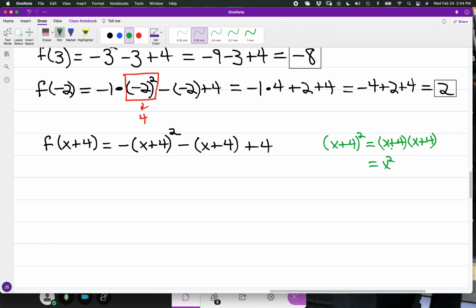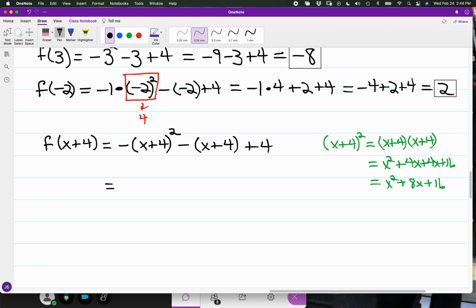So we have x squared plus 4x plus 4x plus 16, and altogether you have x squared plus 8x plus 16.